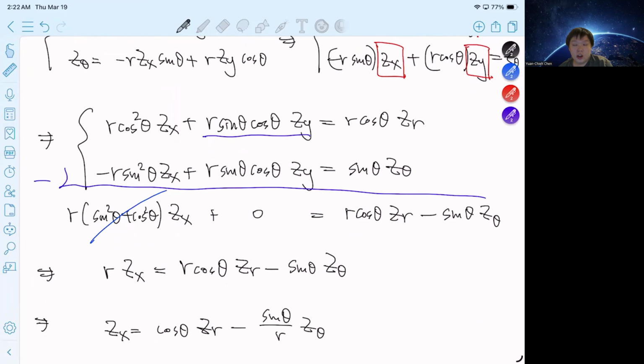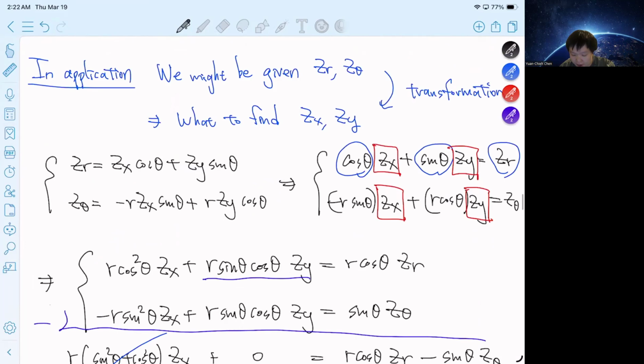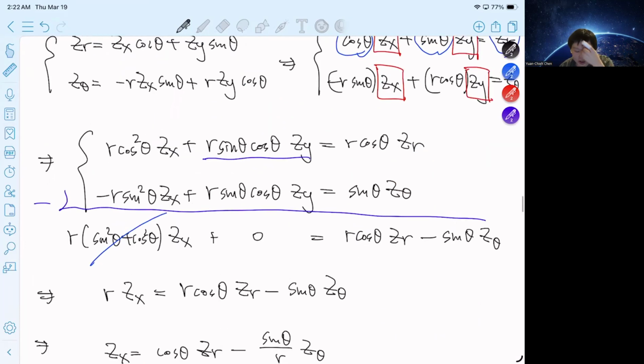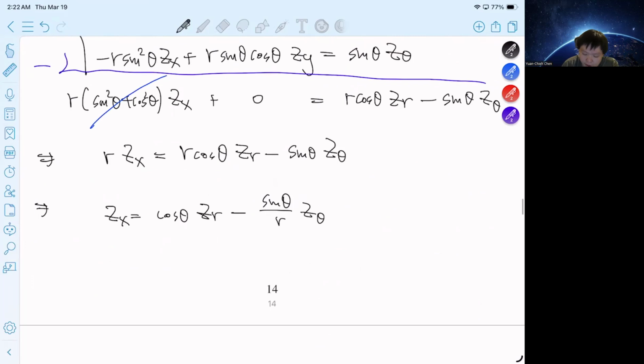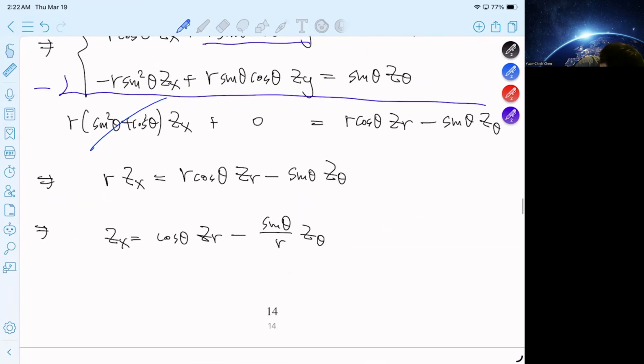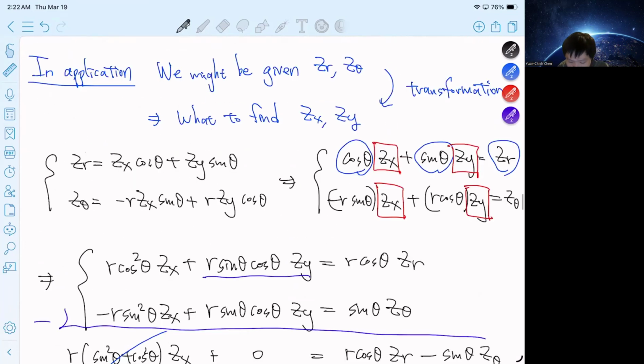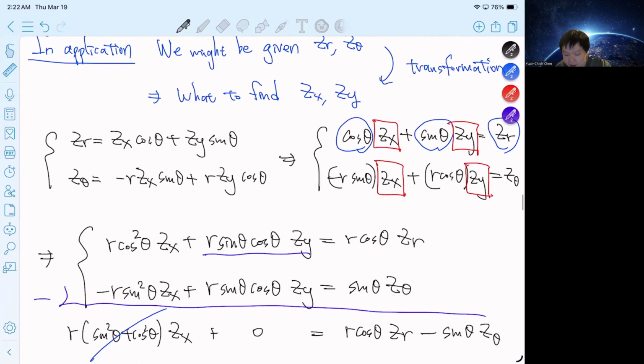We do the exact same procedure to eliminate Z theta, to eliminate Zx. I'll skip that, but basically follow the same thing. Similarly, we'll have the same thing for Zy. I'll skip this, but I think you know how to do this. Basically, the first equation I multiply by R sine theta, and the second one I multiply by cosine theta, and I add them up together.